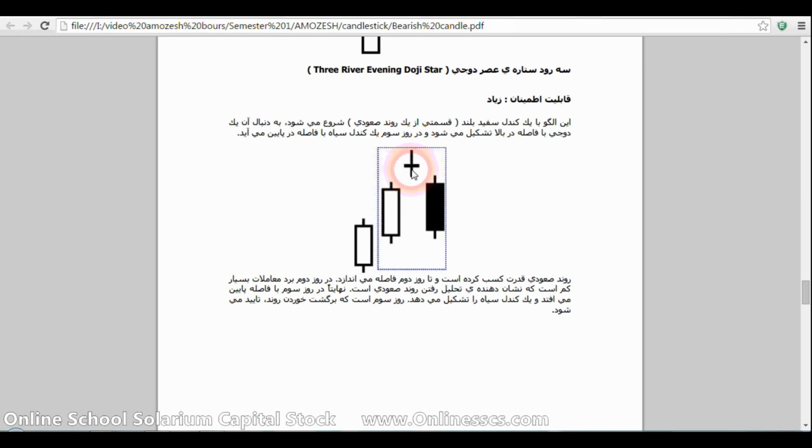When this gets opened with a gap. We rarely have it, like two or three times in a year. But when this happens, your whole trend is going to change. I haven't seen this evening doji star in these 16 years, and I didn't trade by it. It's one of the rarest things in this chart.